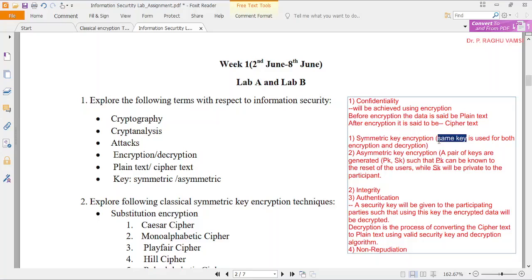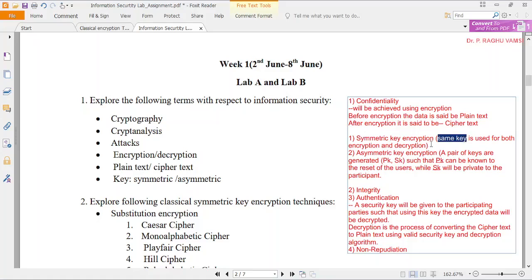And one more thing is, in symmetric key encryption, all the participating parties in the communication should know this particular symmetric key. So you cannot say that all the participants in the communication are trustworthy. Some may misuse it, or some may intentionally join the communication and obtain the symmetric key.